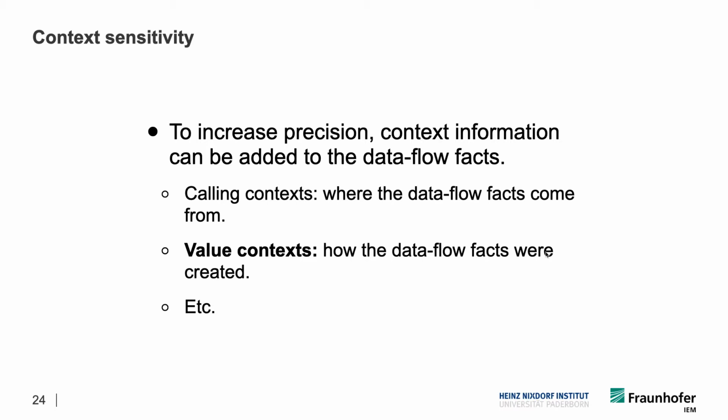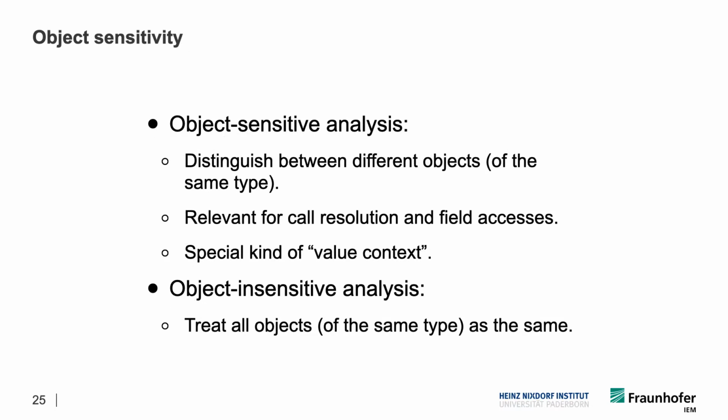One particular notion of these value contexts that I want to focus on first, but there are also others, is so-called object sensitivity and object-sensitive analysis. So the idea here, as opposed to calling context sensitivity, I should say, is that we're not storing calling context strings, but we are rather storing information about different objects in the analysis. In particular, we want to distinguish between different objects of the same type.